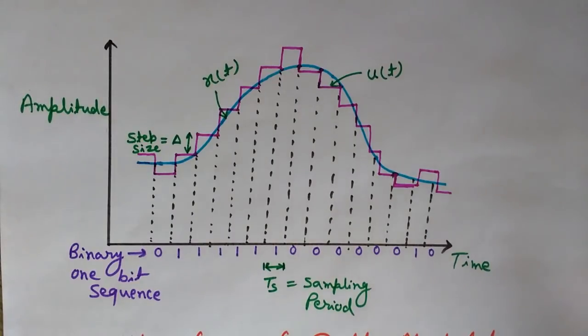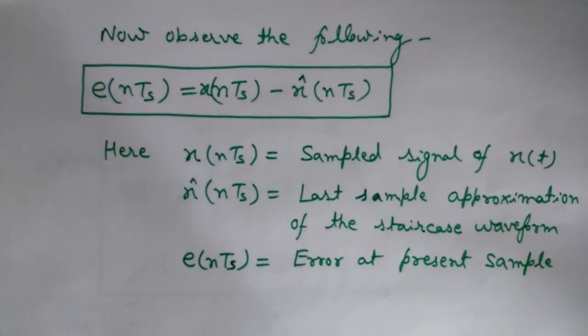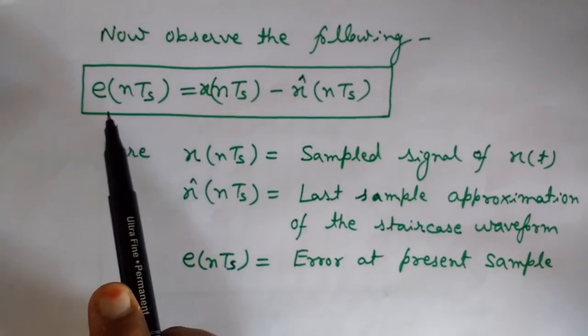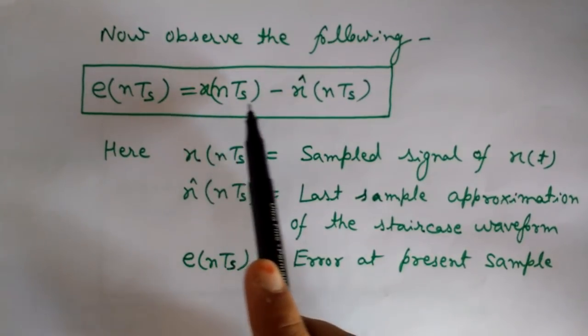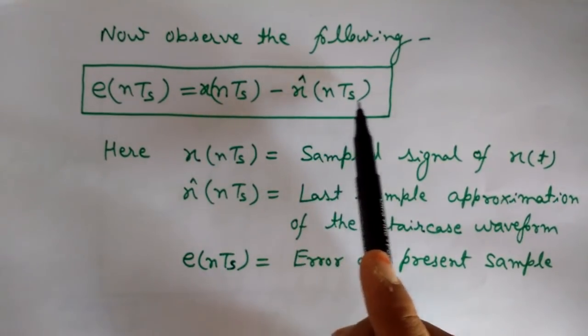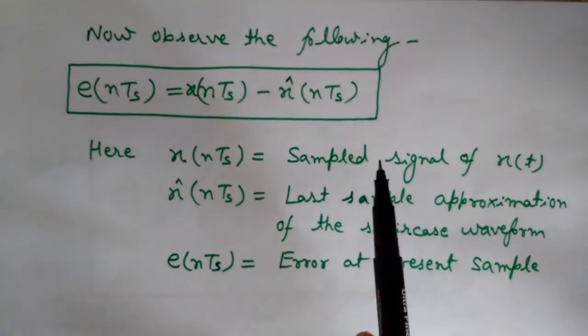To understand it, let's see the basic concept used here to convert this analog signal into a digital stream. Let's first understand this mathematical expression. It is written e(nTs) = x(nTs) − x̂(nTs). What do these terms mean?